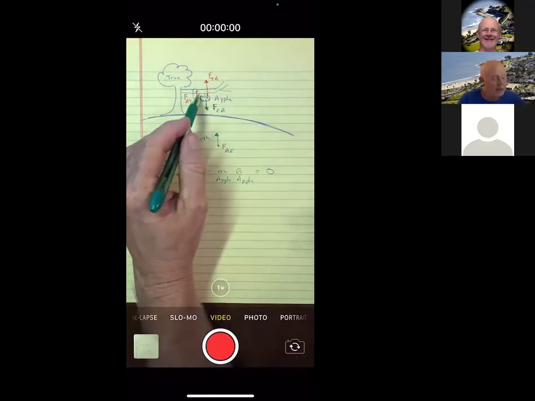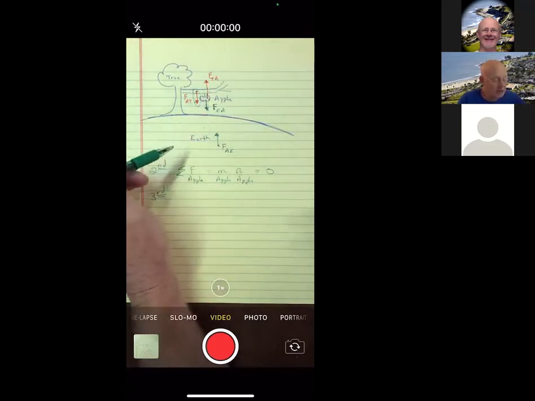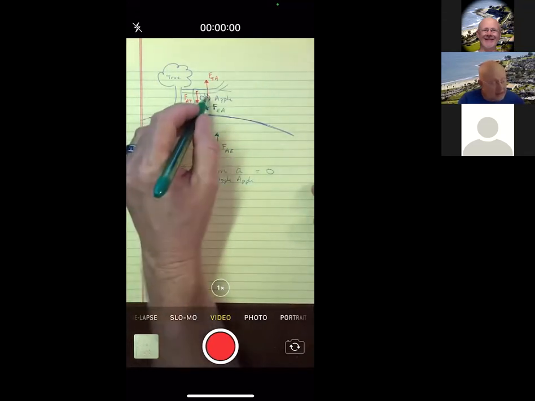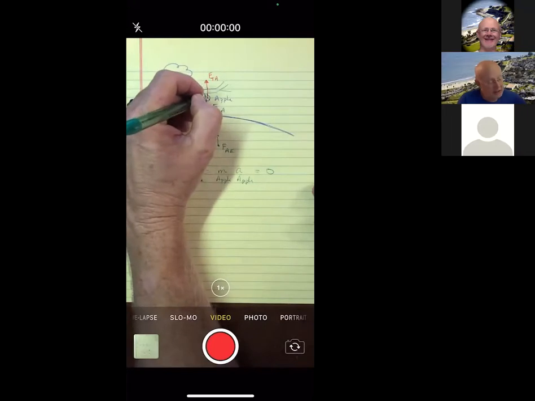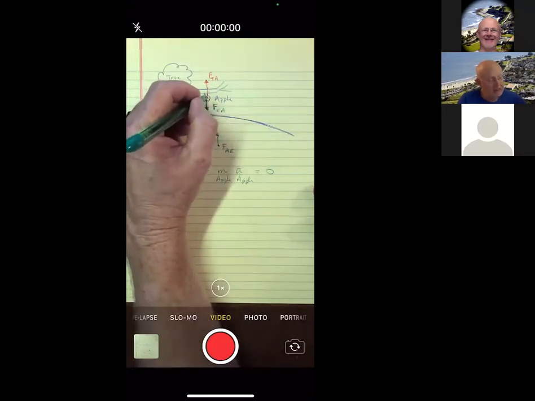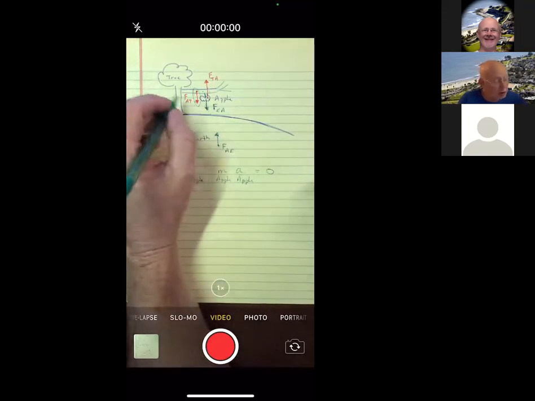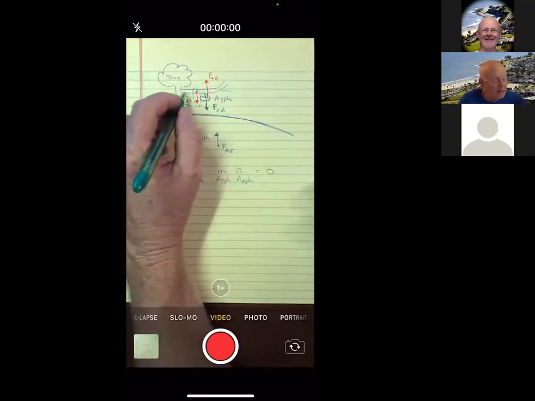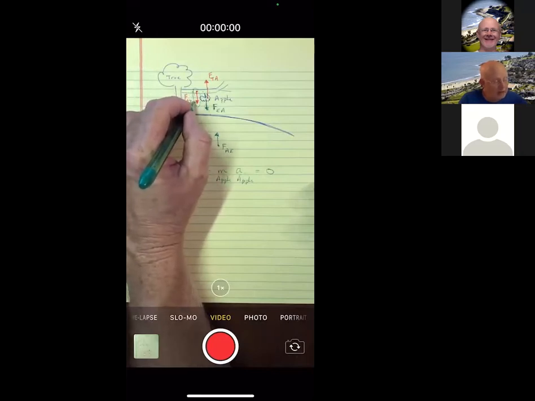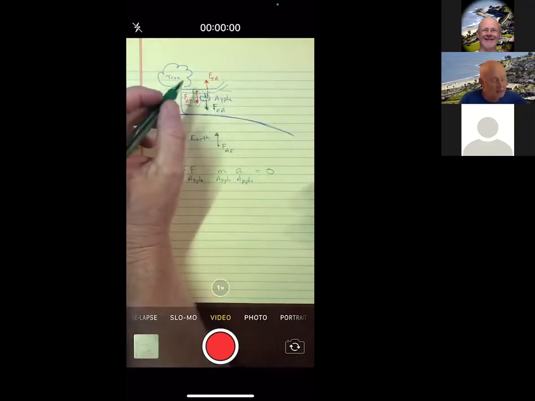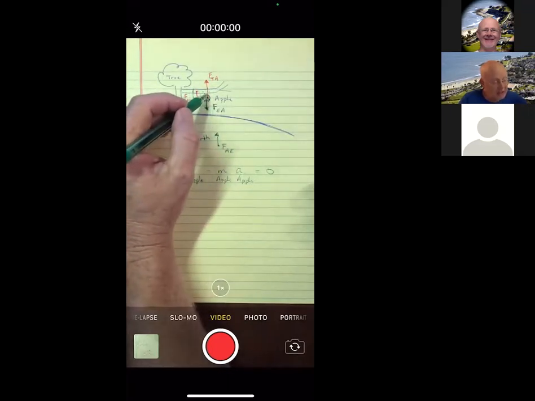The red one comes from the tree. Now, they are hooked together because the apple is tied to the branch, the acceleration is zero, and we can conclude that this force down on the branch, which is red, is the same as this red one because of the third law, and because of the second law, this red one is the same as the green one.